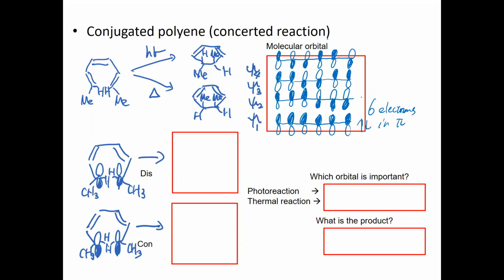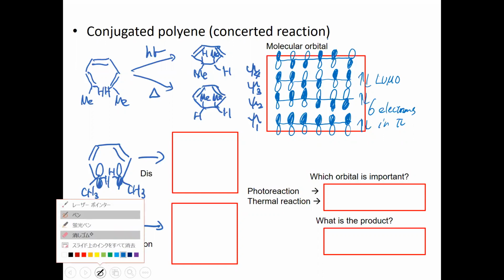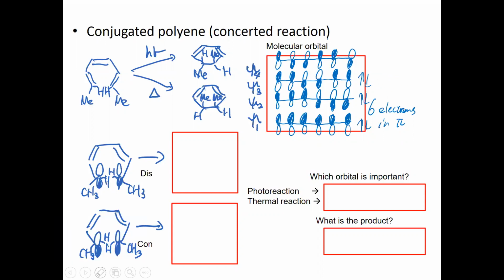So 1, 2, 3, 4, 5, 6. So this third orbital should be the LUMO, right? No, that's a mistake. It must be the HOMO, the highest occupied molecular orbital. And then this one is the LUMO, the lowest unoccupied molecular orbital, right?